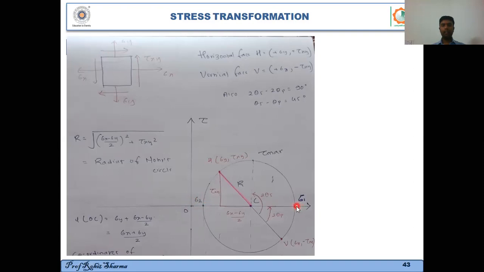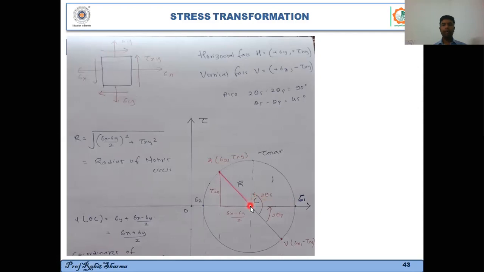And again, this sigma 1 and sigma 2 are nothing but the principal stresses, because the normal stresses are maximum. And you can again see one thing, that when the normal stresses are maximum, the shear stress on this point and the shear stress on this point is 0, right? So this is one of the properties: when the normal stress is maximum, the shear stress is 0. But the opposite of this is not true, right?